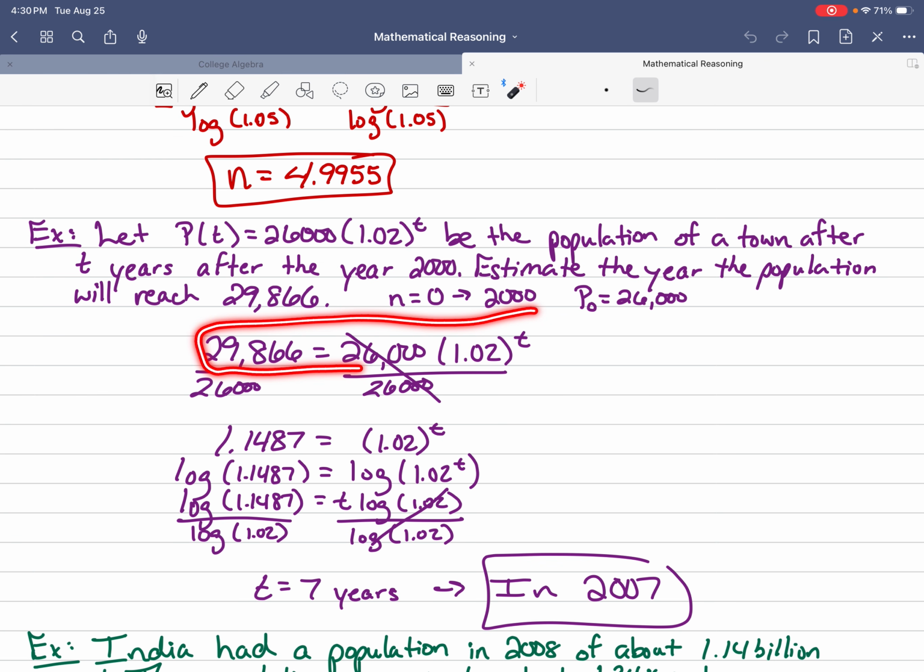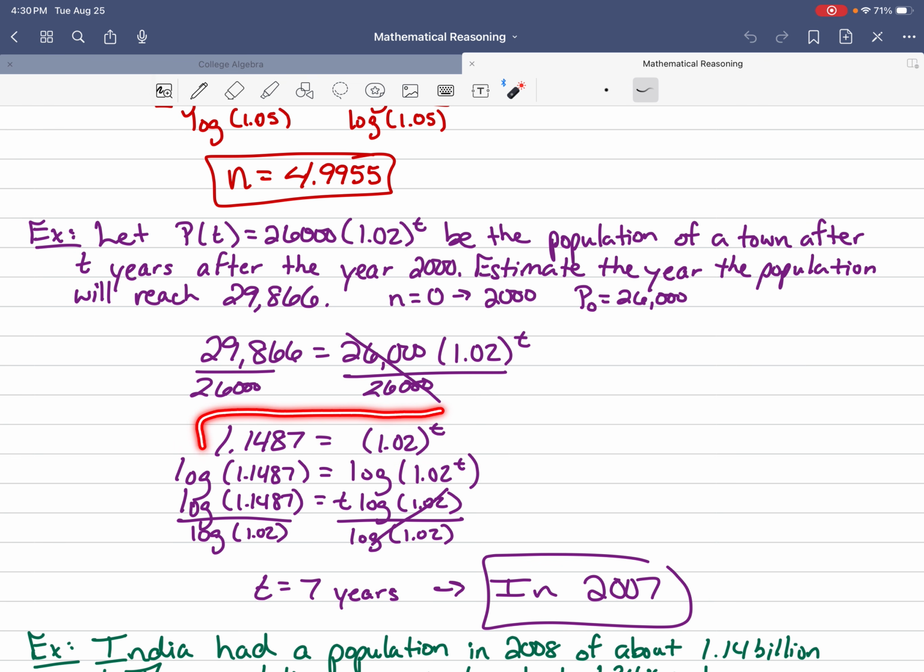Now, here we're wanting to work towards getting the part with the variable by itself, so we got to get rid of the 26,000 by dividing. 29,866 divided by 26,000 leaves you with 1.1487. That is equal to 1.02 to the power of t.